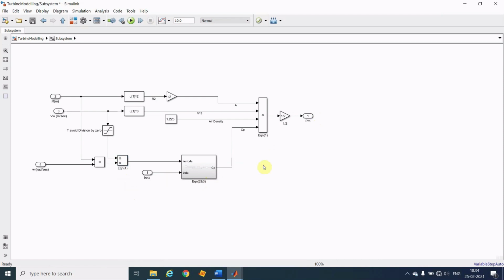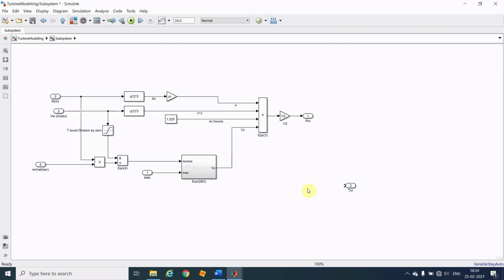But a generator needs torque, not power. So we have to give torque. Now convert this mechanical power into torque. We write TM, mechanical torque, and we know that the mechanical torque is nothing but mechanical power divided by speed of the generator.